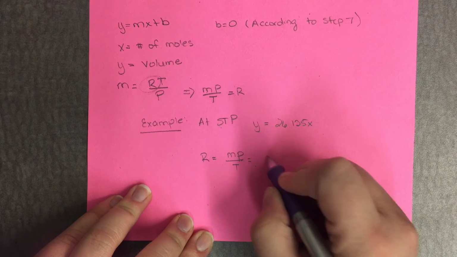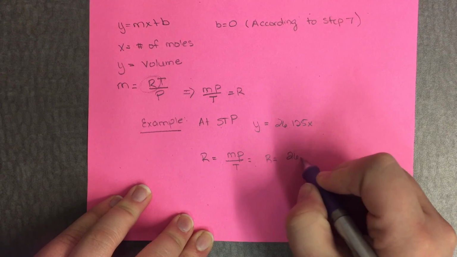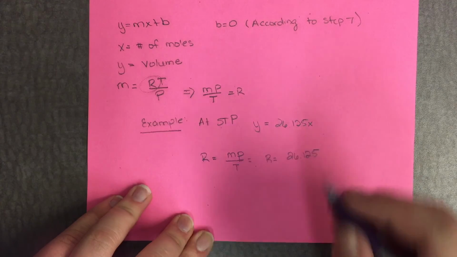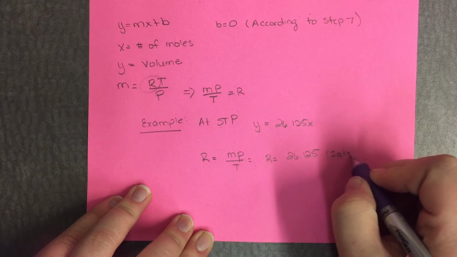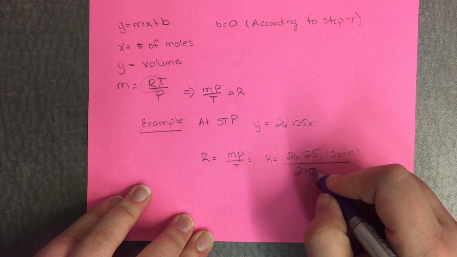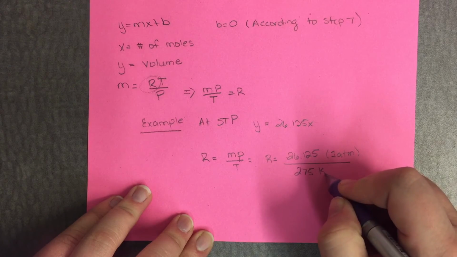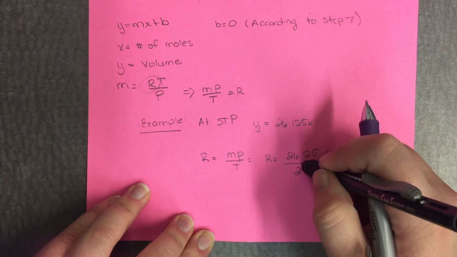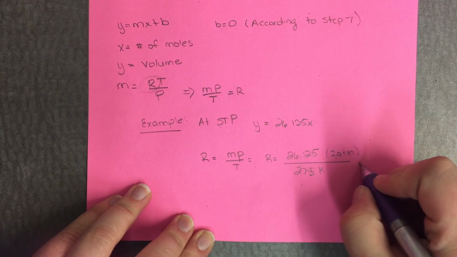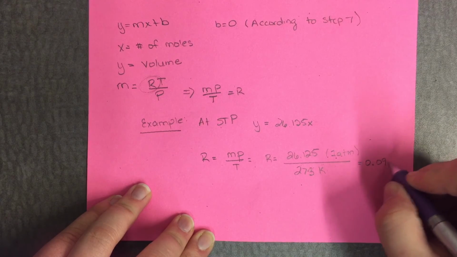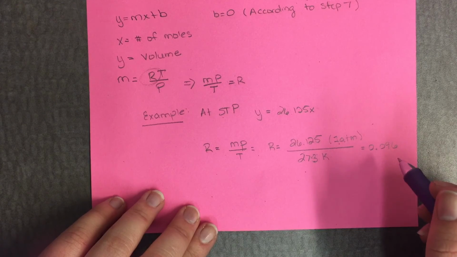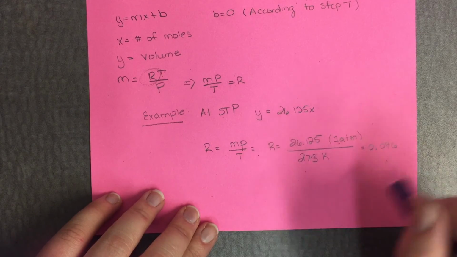So R equals 26.125 times, at standard temperature and pressure, it's going to be 1 atm over 273 Kelvin. Equals 0.096. That is the calculated ideal gas constant value, my average value from all my trials.